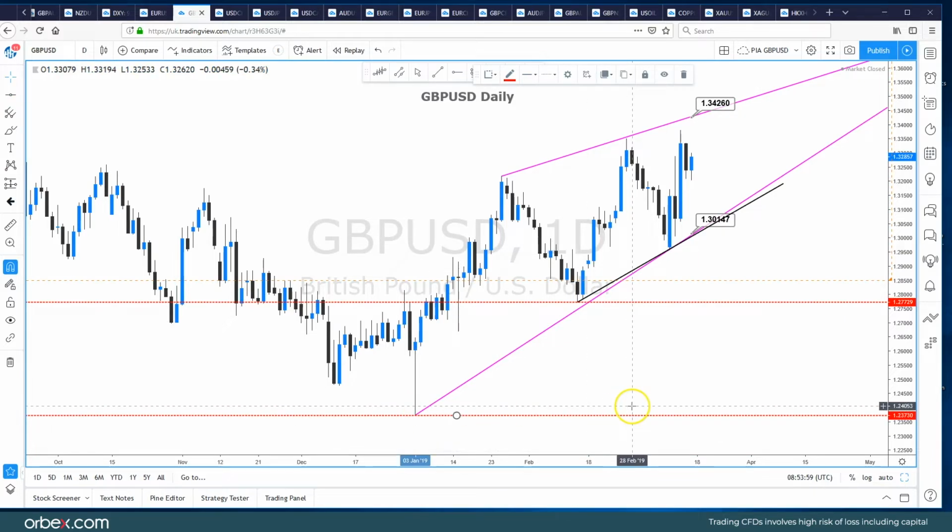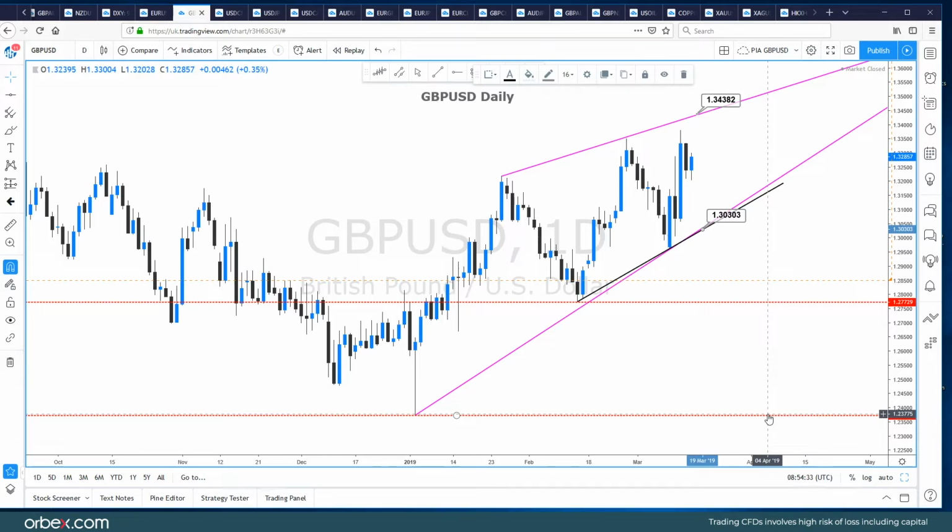So at the moment, the bias is still to the upside for sterling dollar, but we've got what's going to be the top of this wedge formation at 134.38, a break of the base of this wedge formation at 130.30, and I think the minimum that we should see is here, because you could take the wedge from here or you could take the wedge from here, and you could see a move all the way down to this level.